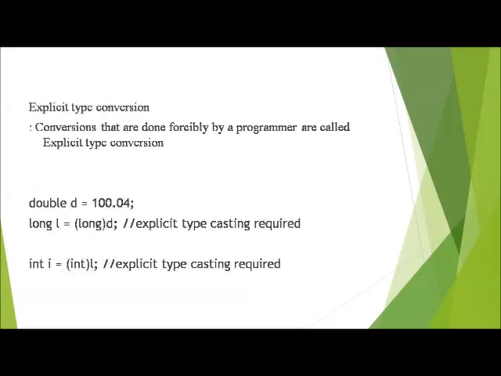In this type, conversions that are done forcibly by a programmer are called explicit type conversion. Double d equals 100.04. Long l equals (long) d, here explicit typecasting is required. Int i equals (int) l, here also explicit typecasting is required.